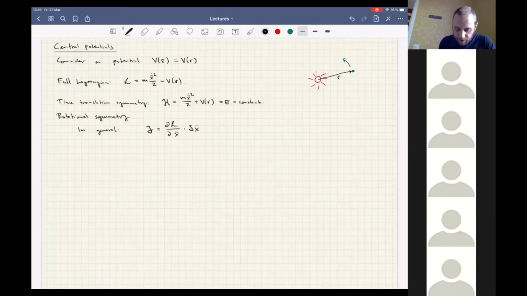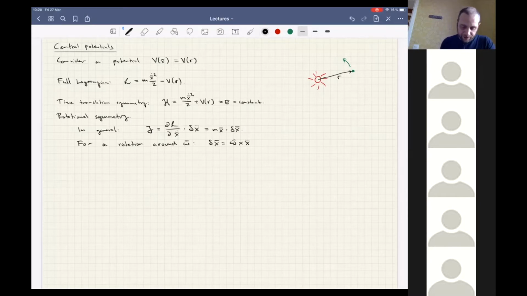And in this case, this is going to be equal to m x dot, so the physical momentum, times delta x. Now, for rotation around some axis omega, this is equal to omega cross x. So this is the generator of a rotational symmetry.